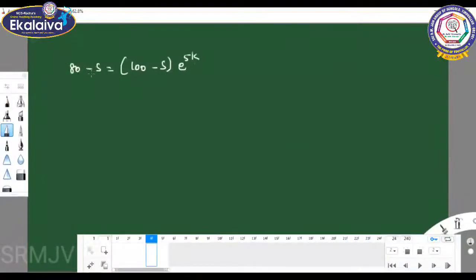So e power 5k equal to (80 minus S) by (100 minus S). Take this as equation 3.